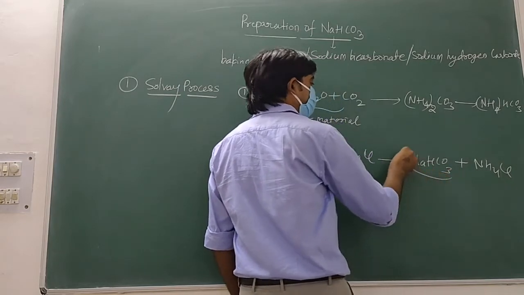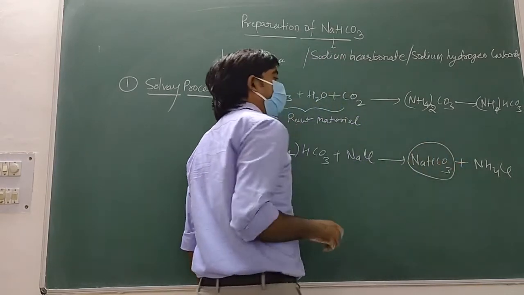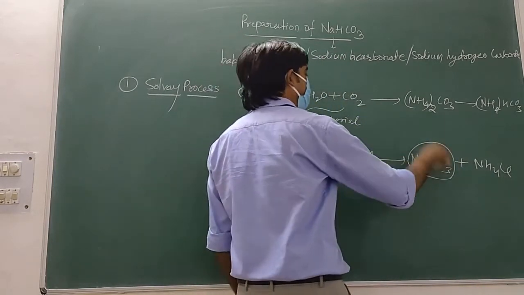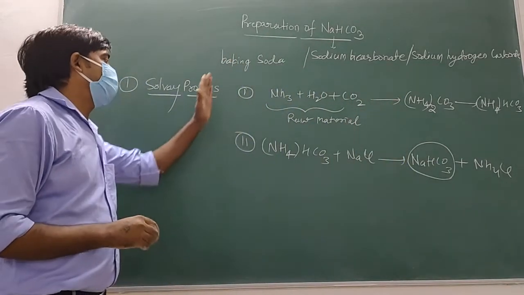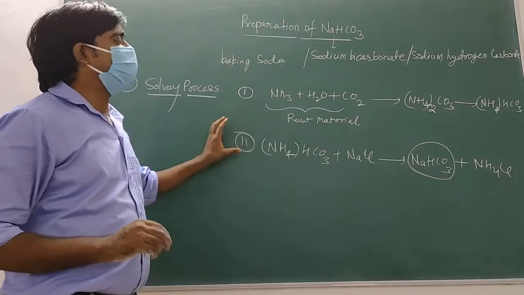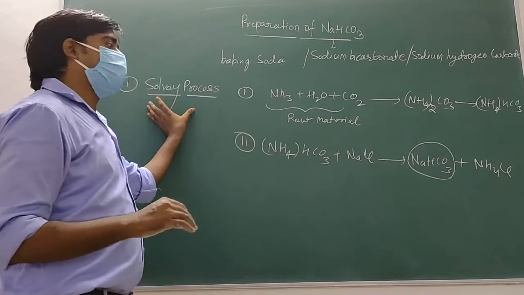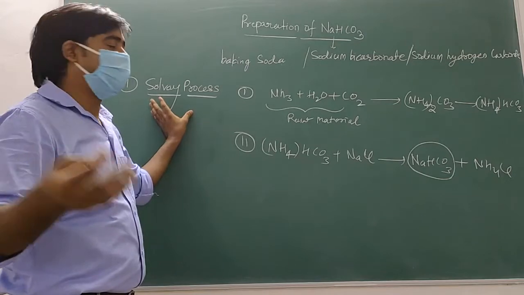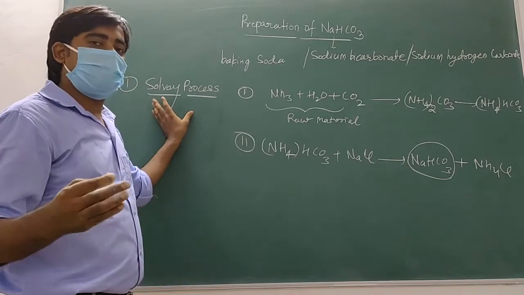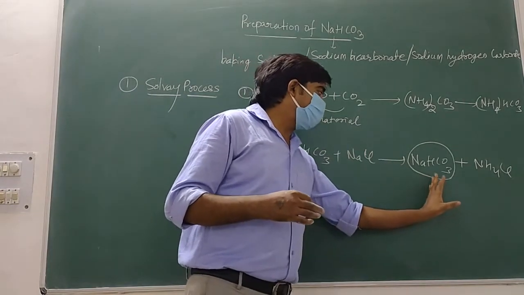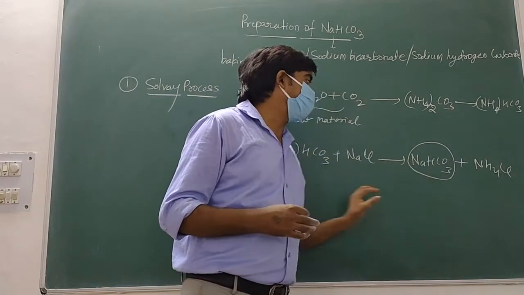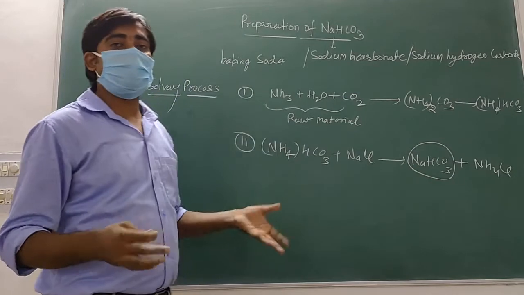So this one is sodium hydrogen carbonate or sodium bicarbonate or baking soda. This is the synthesis of sodium bicarbonate via the Solvay process. If you want to prepare sodium carbonate by the Solvay process, we again proceed via ignition, and then we break this into sodium carbonate.